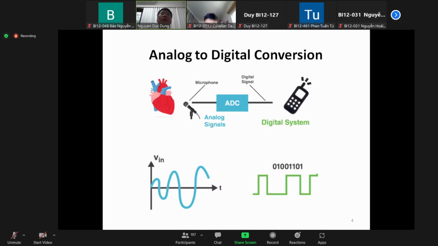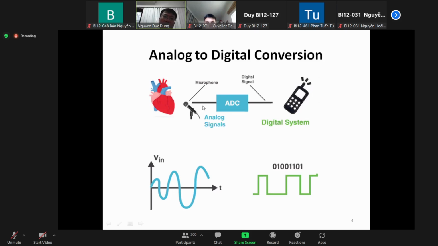So we need a way to convert our information into the digital world. The devices that capture or transfer information from the real world into the computer world are usually called analog to digital conversion.